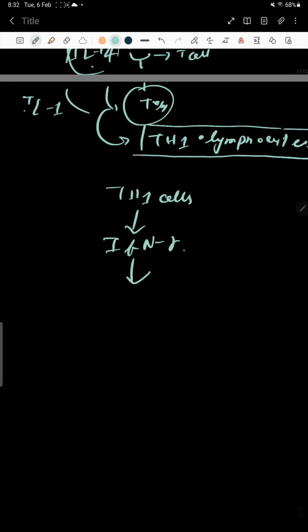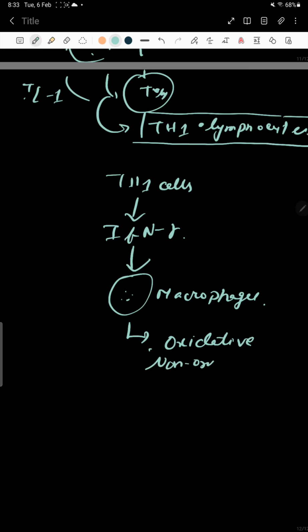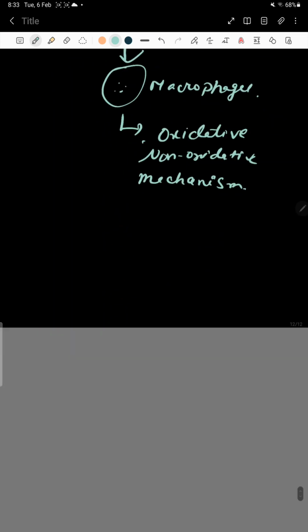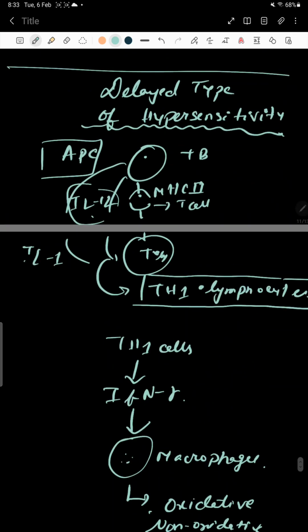This interferon gamma will again act on the macrophages. The macrophages will engulf the antigens and kill them by oxidative or non-oxidative mechanisms, and there will be granuloma formation. This is the whole story of delayed type hypersensitivity.